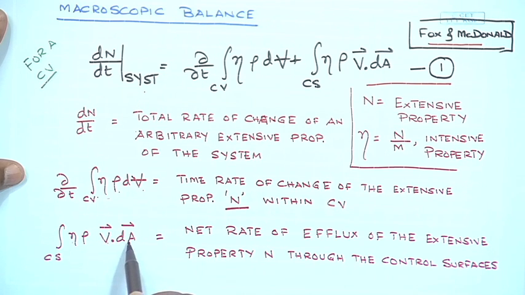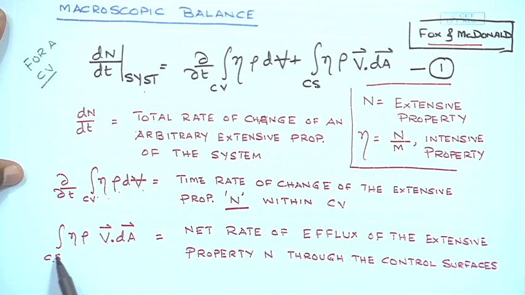So V dot dA multiplied by rho, and then by eta, the entire thing is going to give you the extensive property which is coming through the control surfaces. One more time, this term rho times V dot dA is the mass which is coming in through the control surfaces.